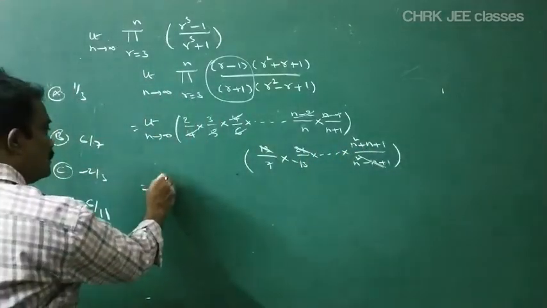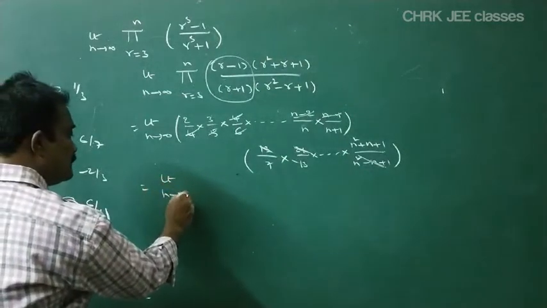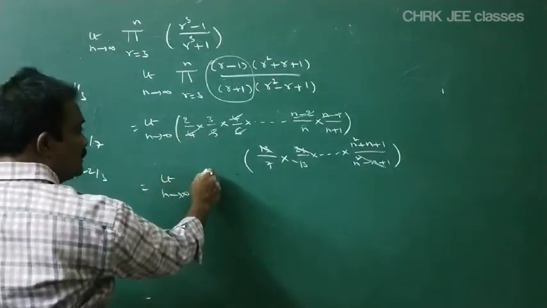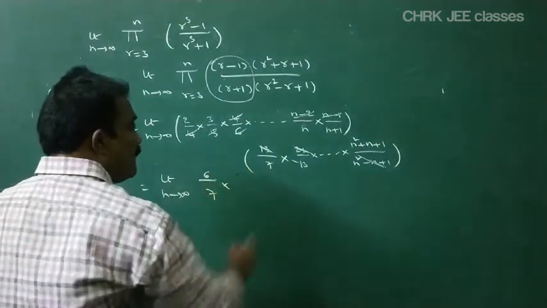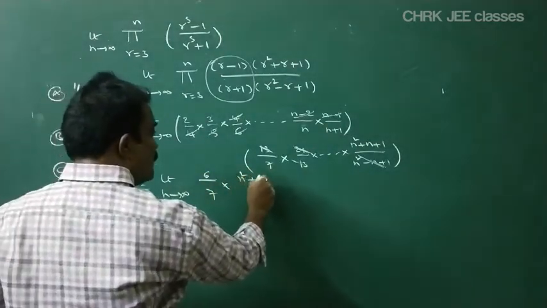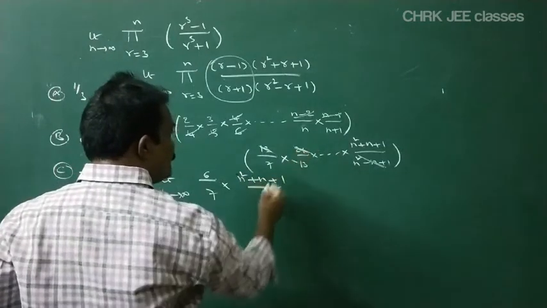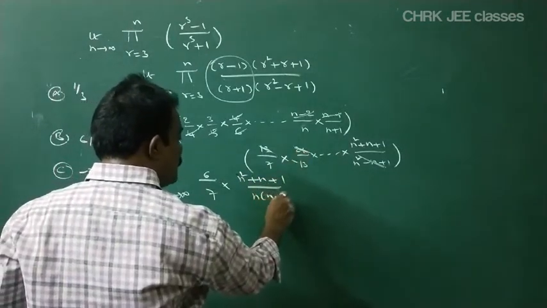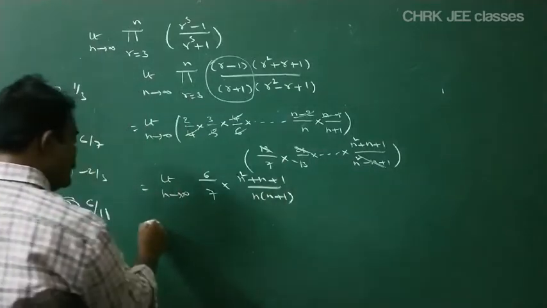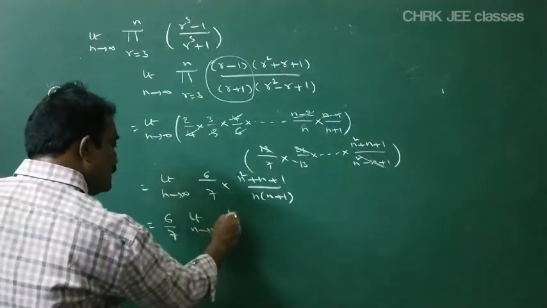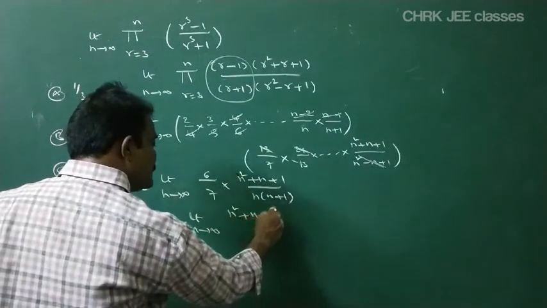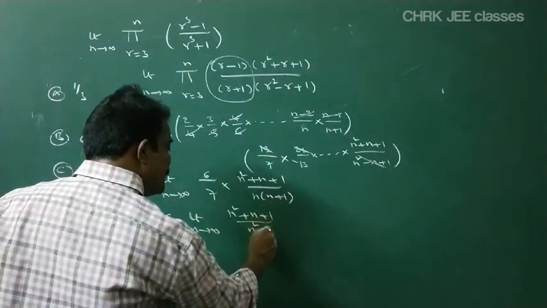So that equal to limit n tends to infinity, 2 into 3, 6 by 7 into n square plus n plus 1 by n into n plus 1. That equal to 6 by 7 into limit n tends to infinity, n square plus n plus 1 by n square plus n.